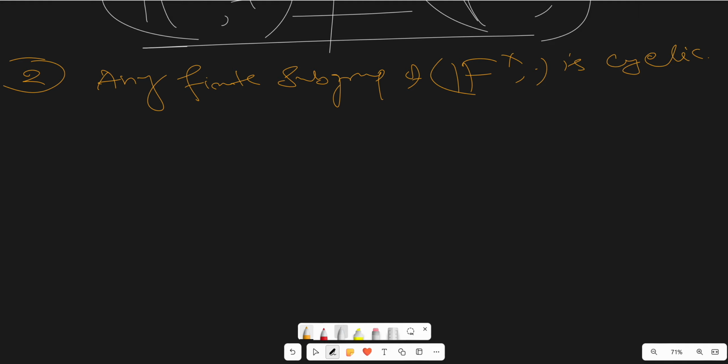That I will prove. What will be the proof? This proof is a little bit lengthy, a little bit abstract. I have one field, and I have the collection of all units of the field. So I will have to prove that any finite subgroup of this is cyclic.